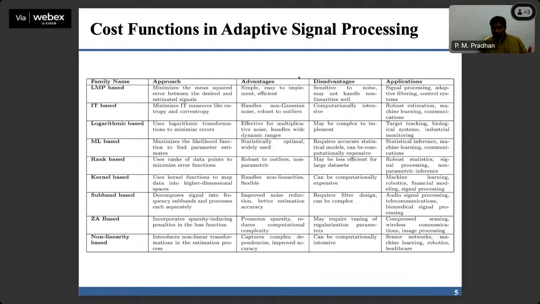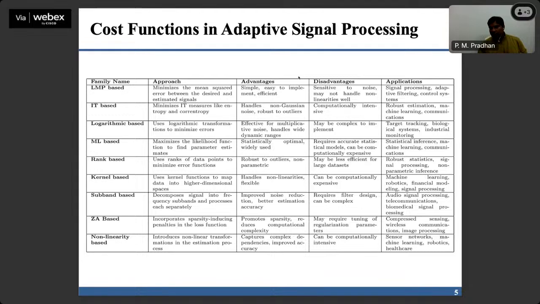In terms of advantages, these are very good at handling non-Gaussian noise and outliers. But the disadvantage is that they are very computationally intensive. So wherever you do not have any restriction on computational resources, you could go ahead with information theory based cost functions.